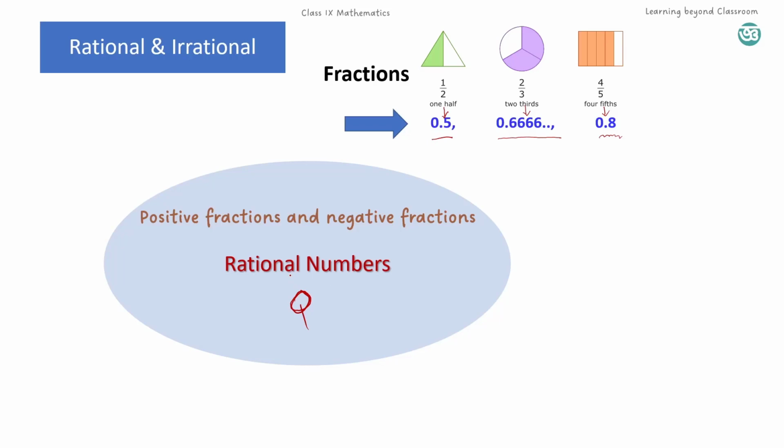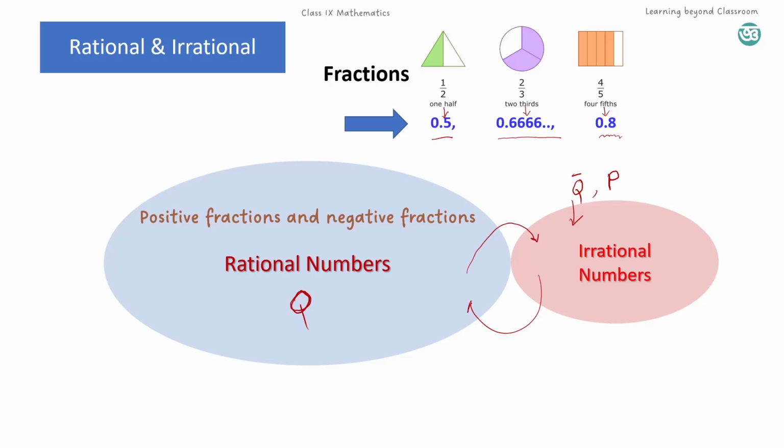And there is another set of numbers called the irrational numbers, represented by letter Q dash and sometimes represented by letter P. So Q dash is the set of all irrational numbers, and no rational number is an irrational number and no irrational number is a rational number.